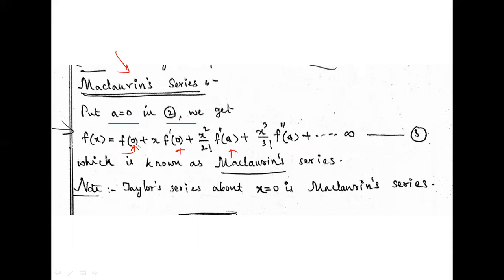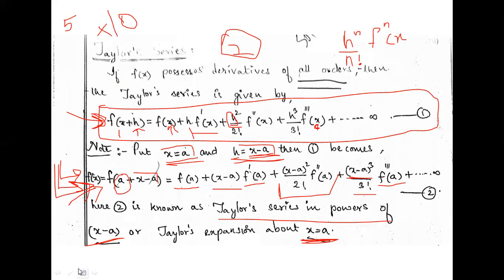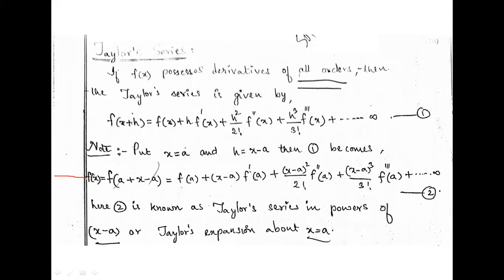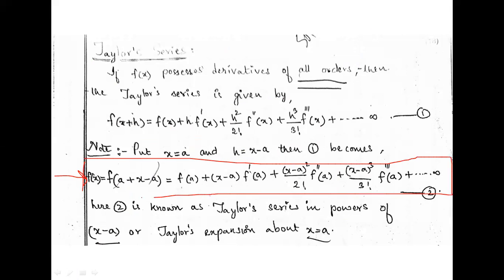What are we doing? In this equation 2, we are going to put a is equal to 0. So this will also become 0, this will also become 0.